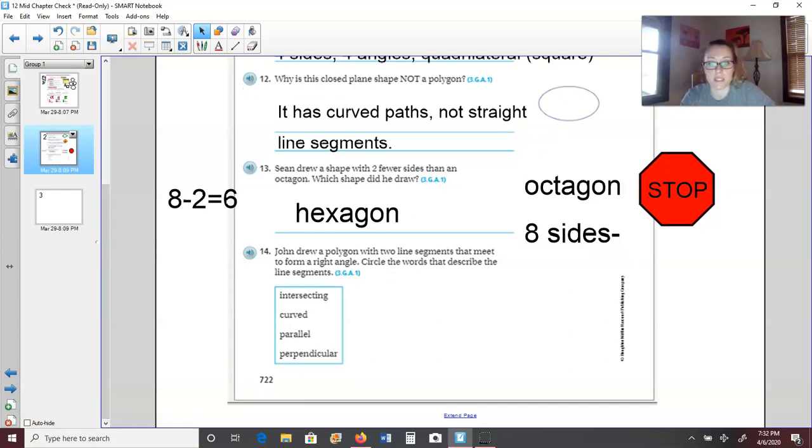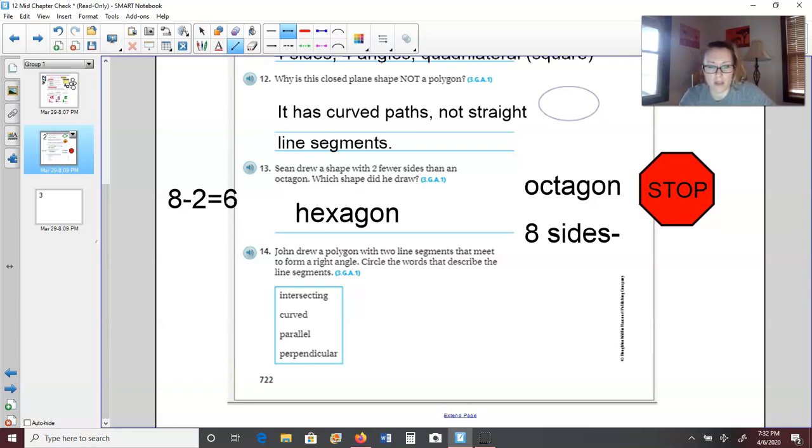Okay, number 14. John drew a polygon with 2 line segments that meet to form a right angle. Circle the words that describe the line segments. Okay, so let's see.